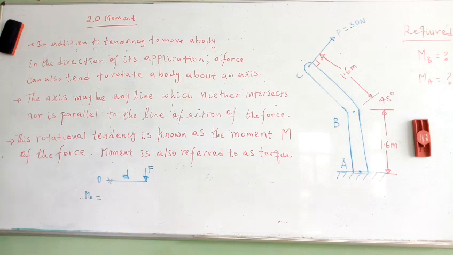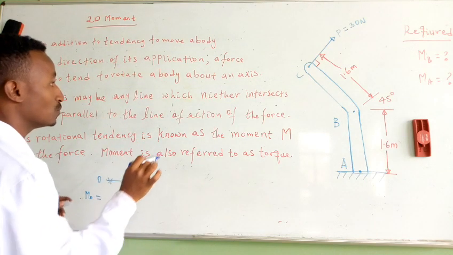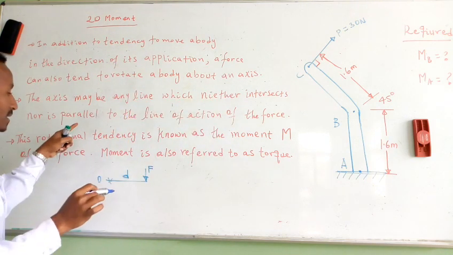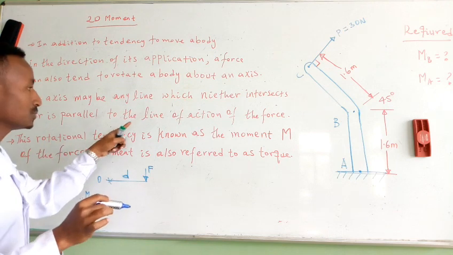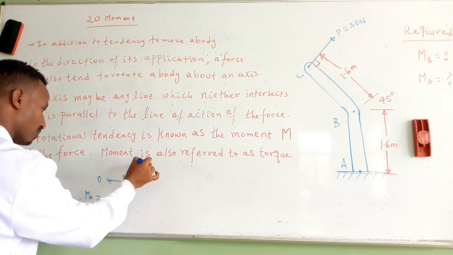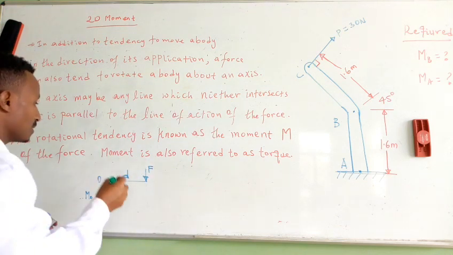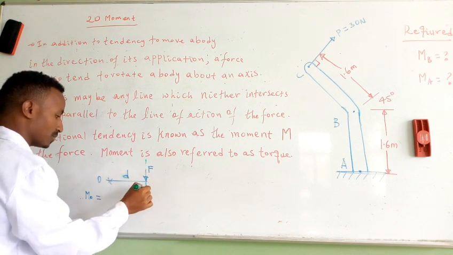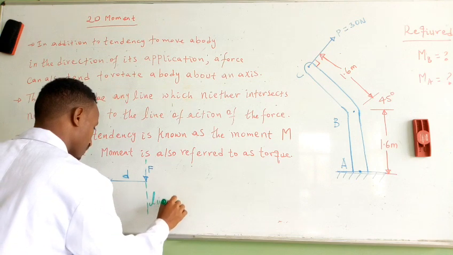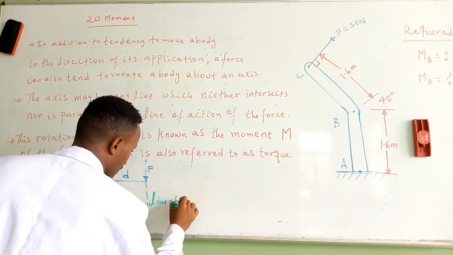So the axis may be any line which neither intersects nor is parallel to the line of action of the force. This is the line of action of force.